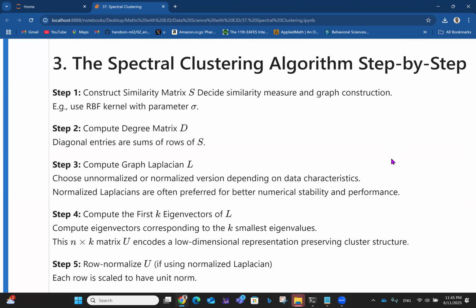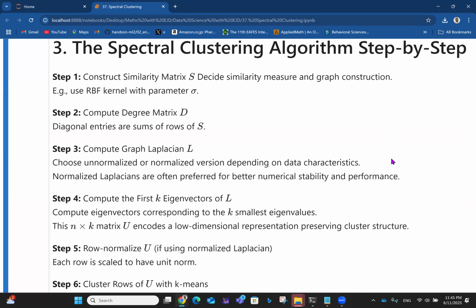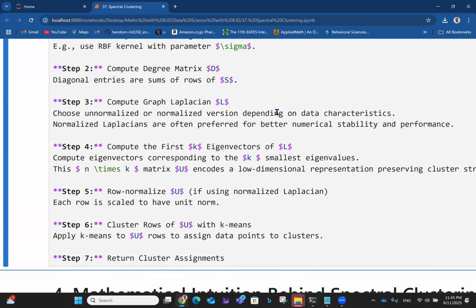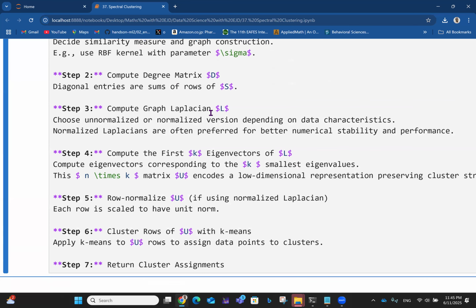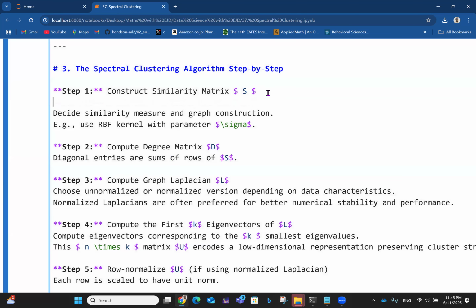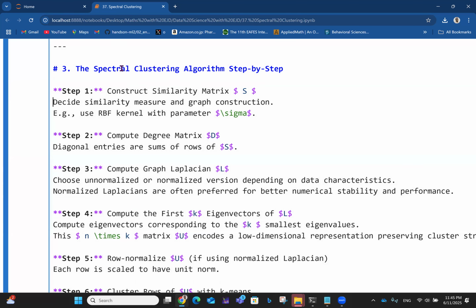So the spectral clustering algorithm step by step. Step one, construct similarity matrix S, where you decide the similarity measure and graph construction, right?